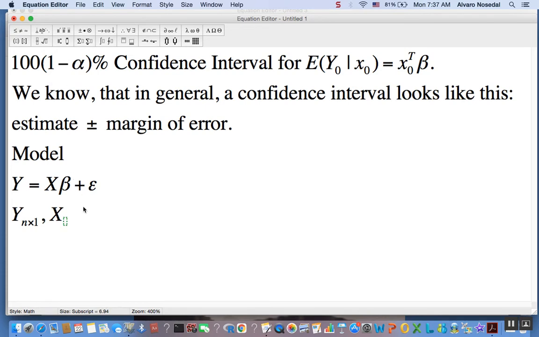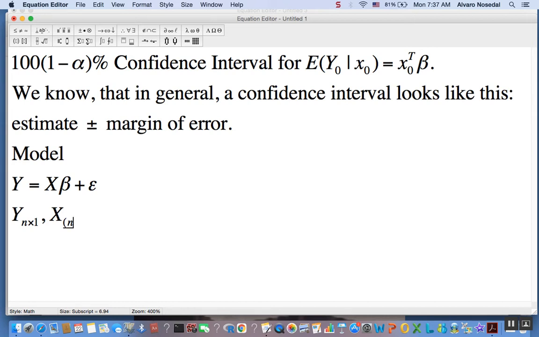And our design matrix, if we have k predictor variables, is going to be a matrix that has dimensions n, right?